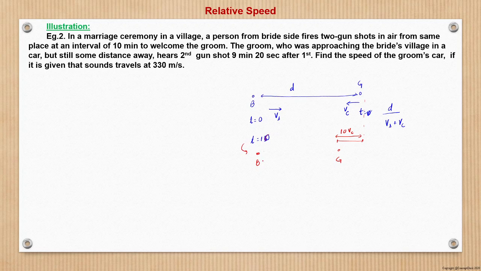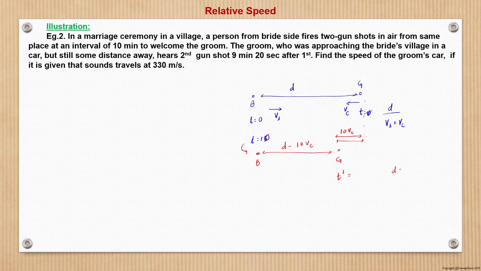So at t is equal to 10 second, when the gunshot is fired, that sound will come here at another time t dash. t dash is equal to, now this distance, this is nothing but original d minus 10 vc, right? So this will take time.